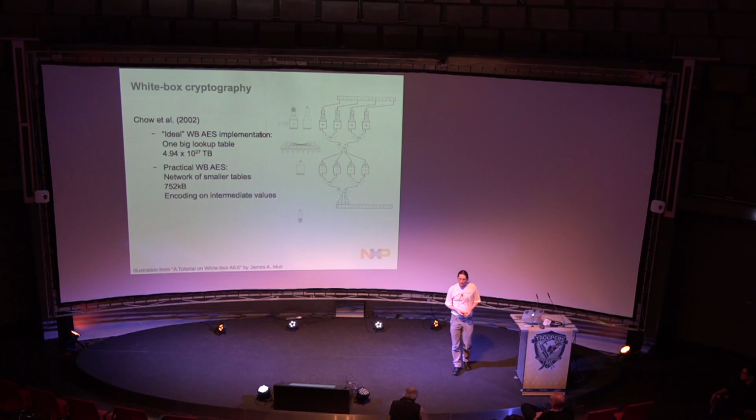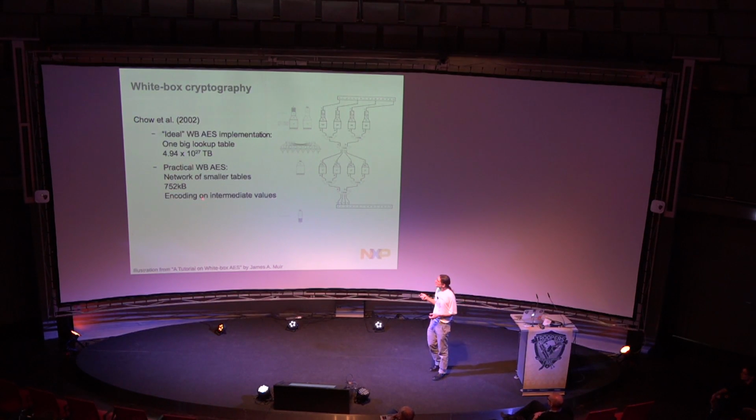Already at that stage, he thought, okay, but these intermediate values that are sent between the different tables could be observed, and they need to be masked. Otherwise, it would be a bit too easy to observe some plain intermediate values of your different rounds.